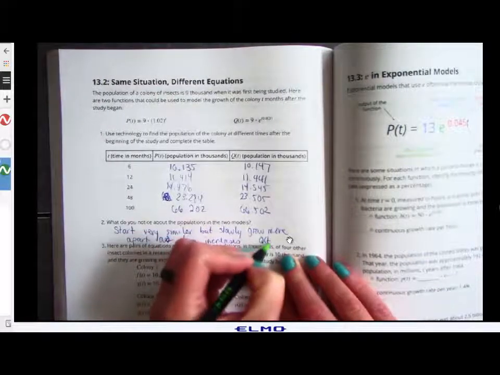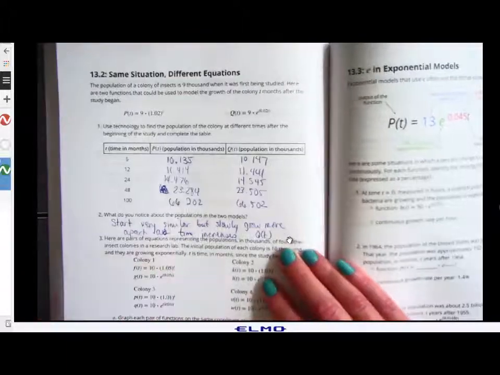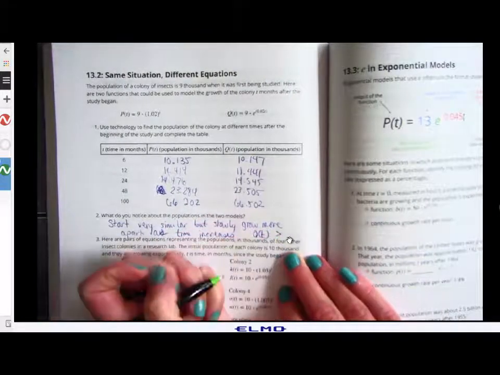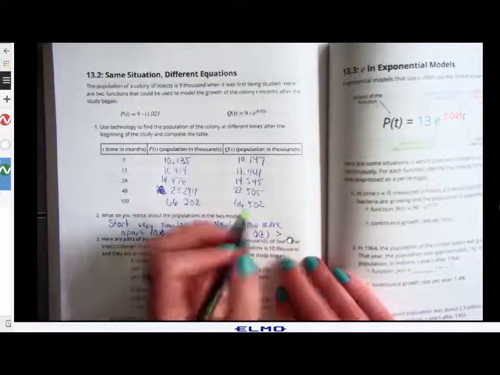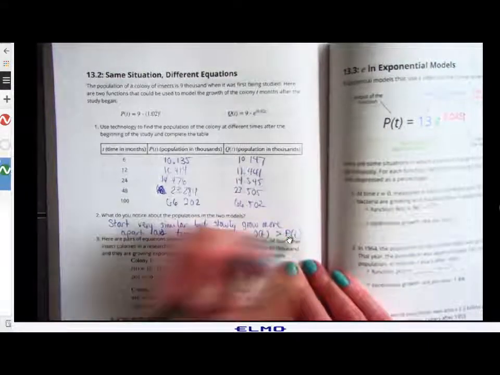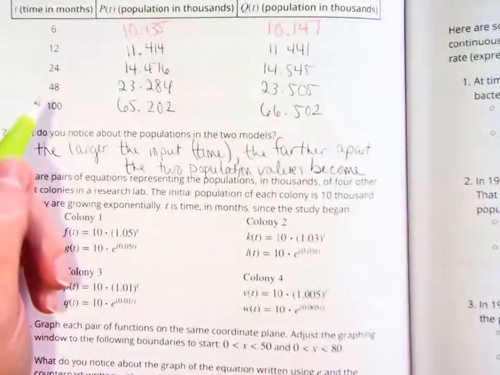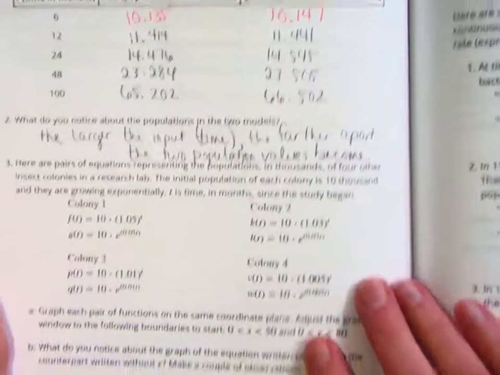And we can even say something like q of t was larger. So I'm going to use the greater than symbol. Q of t was greater than p of t. It is going to get farther and farther apart the longer it goes.